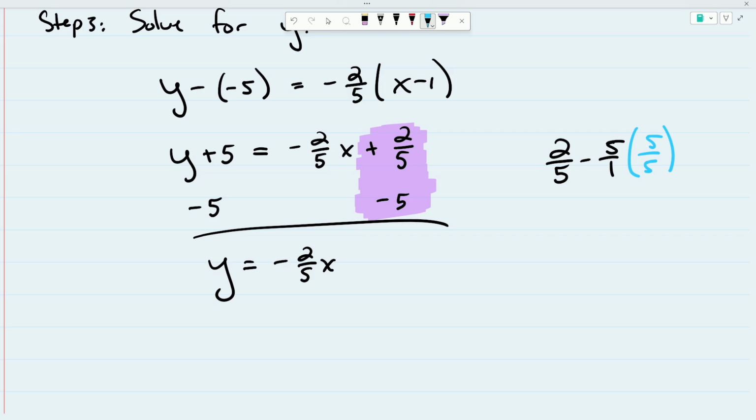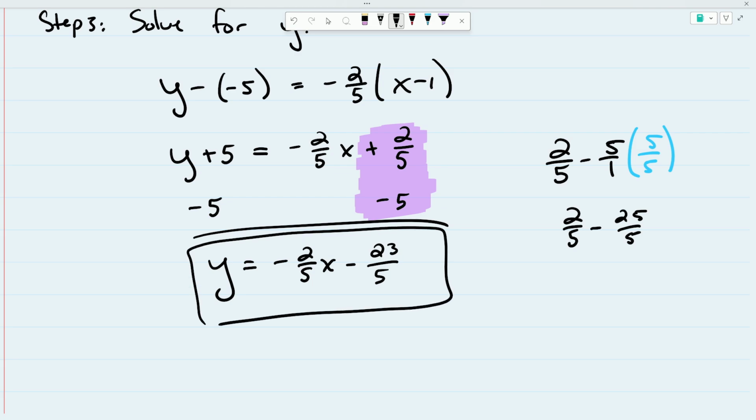Remember, 5 over 5 is really 1, so what I'm really multiplying by is just 1. So I get 2 over 5 minus 25 over 5. And then combining the numerators will give me negative 23 over 5.